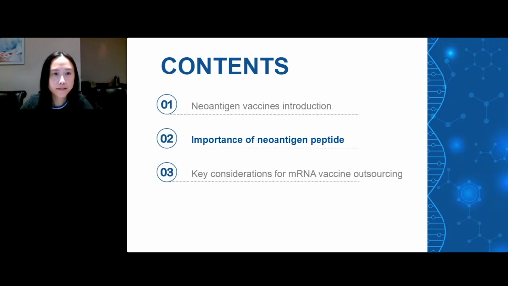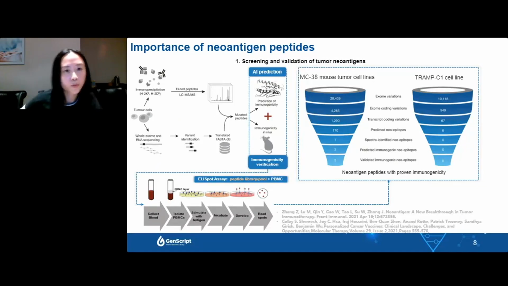Okay, I have given some introductions about new antigen vaccines. And next part, we'll talk about the importance of new antigen peptides. So there are two important reasons to use new antigen peptides. First, let's take a look at the screening and validation process for tumor new antigens.